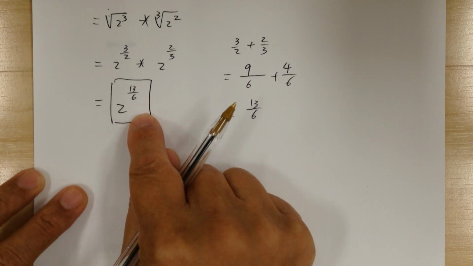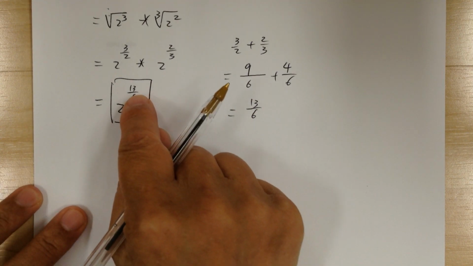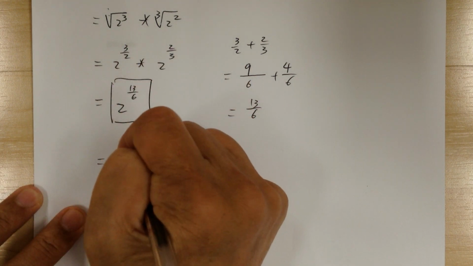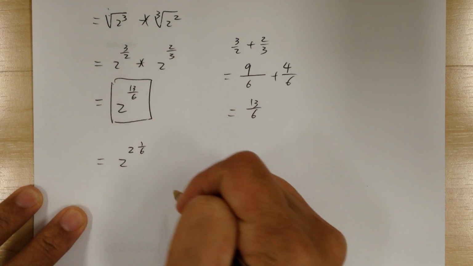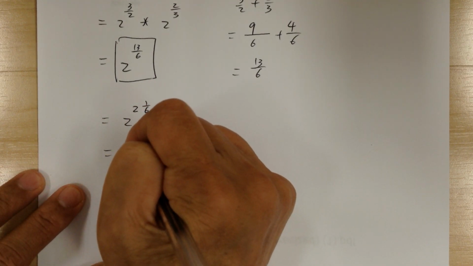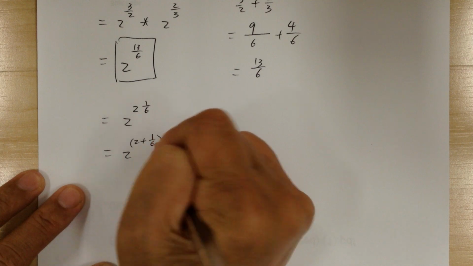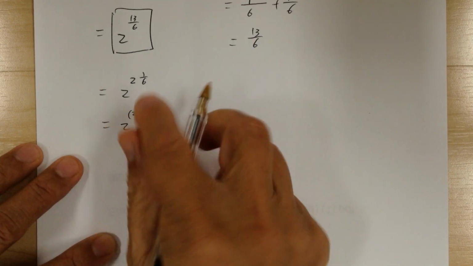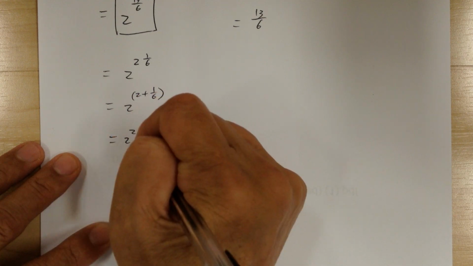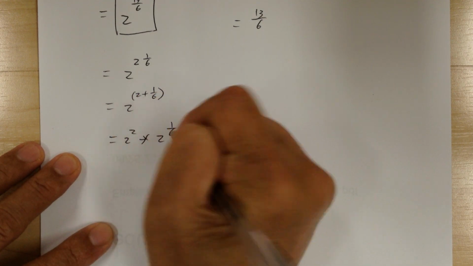Now to make this into radical form, you need to make it into a mixed number. So this is equal to 2 to the 2 and 1/6 power. This is equal to 2 to the 2 plus 1/6. You don't need to do this step; I'm doing it so you can follow. So this is equal to 2 squared times 2 to the 1/6 power.